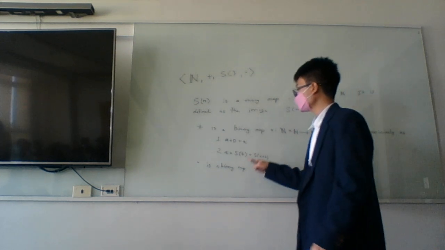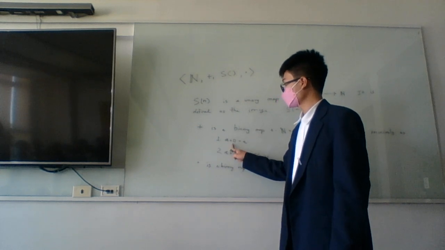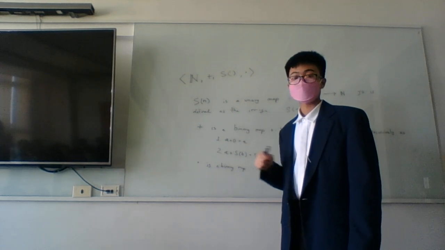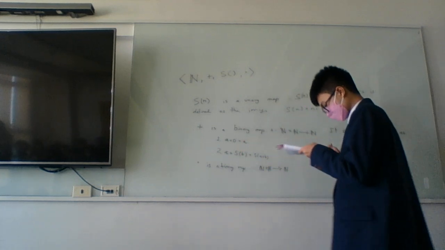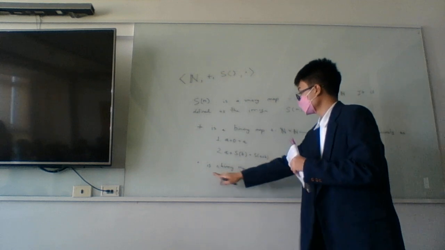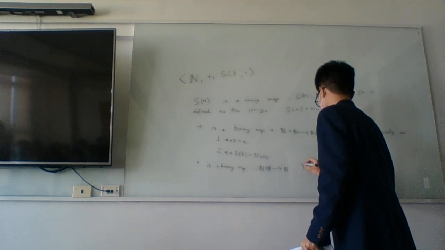So the way we define multiplication for the natural numbers is much of the same way wherein we recursively define addition for the natural numbers. For multiplication, it's pretty much the same thing.